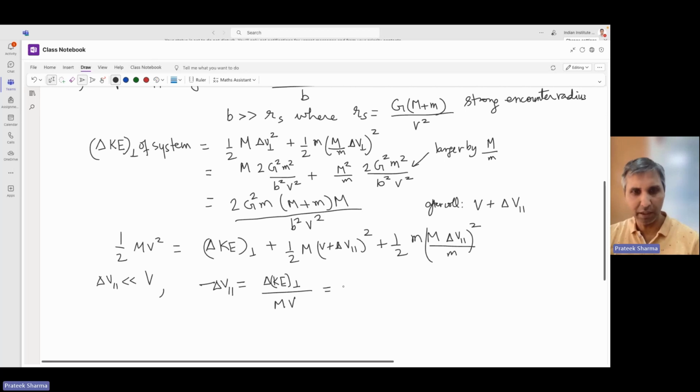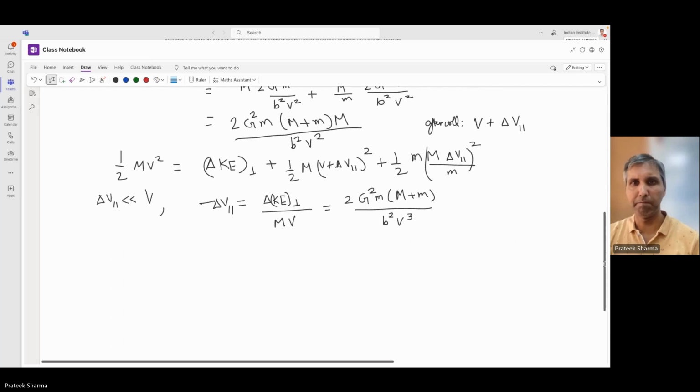So if we plug in, what we get is 2 times G squared M times (capital M plus small m) by B squared V cubed. And what is the change in kinetic energy for small m?